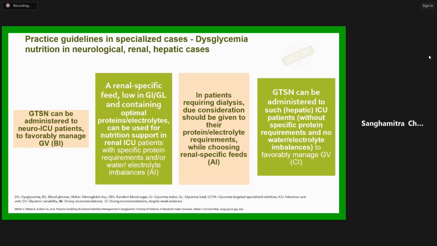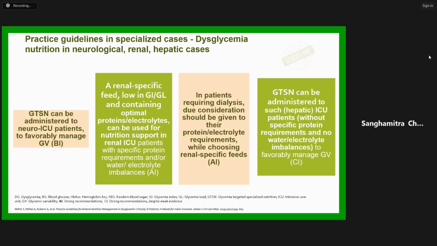So now we come to the special cases where the patient probably has a renal impairment or a hepatic impairment with diabetes. So we can give GTCN to neuro ICU patients because there is no problem. But what about the renal patients and the patients who are on dialysis? In a renal specific feed, a low GI/GL feed is recommended, but optimum protein and electrolytes also need to be looked into before imparting that to the patients.